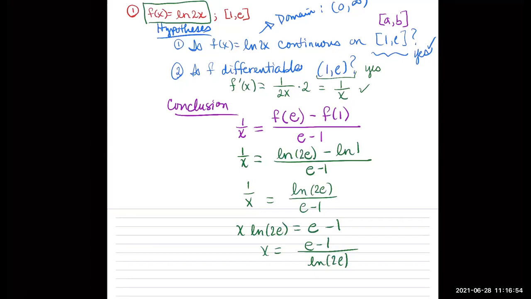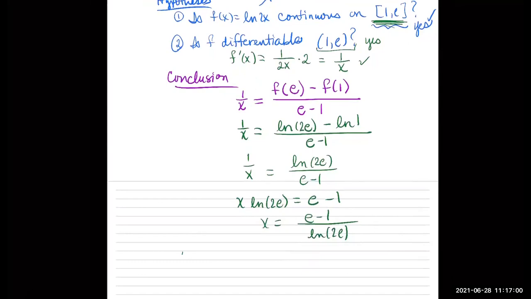If you want to approximate that in your calculator just so you can make sure it's in that interval, in case you made a mistake, then do that. But since the mean value theorem guarantees us that there is a solution in our interval, and that's the only solution I got, I know it has to be in that interval, unless we made an arithmetic mistake. So that's the value of c guaranteed by the mean value theorem.